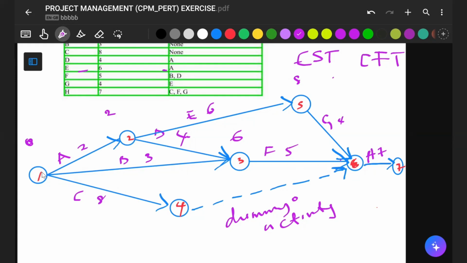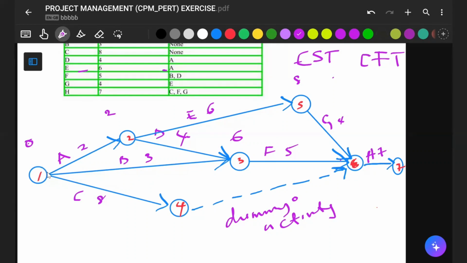The 0 I'm telling you about is this 0 you are seeing here. Let me write it properly. This 0 here. I said it is 0 because this is the beginning. A is starting from 0. B as well is starting from 0. C as well is starting from 0.